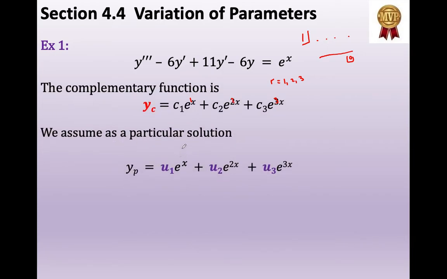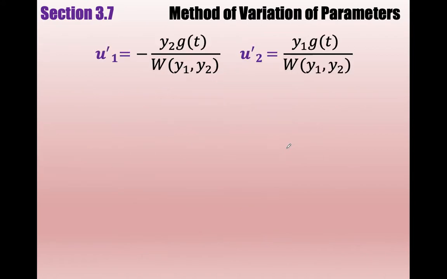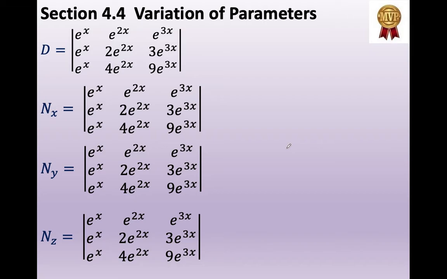So I'm using my originals. This is in my determinant. This is the first row. These are the quote-unquote coefficients. So that's what you see right here: e to the x, e to the 2x, e to the 3x.